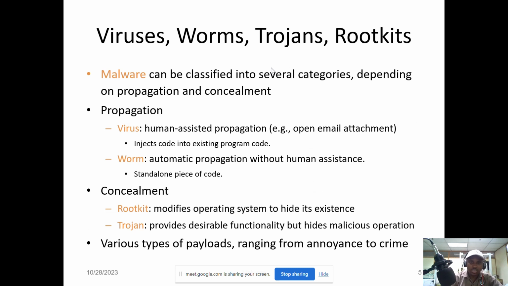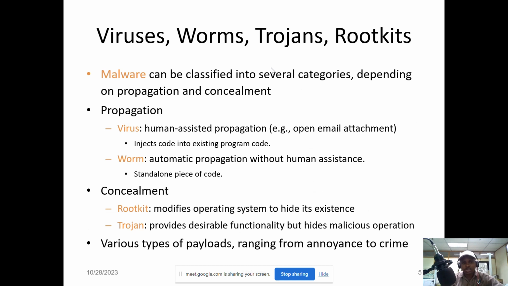You can open it, and then you've actually helped that virus get into your machine. Maybe you've actually spread it from one device to another through that. Then if it is a worm, there's automatic propagation without human assistance. So a standalone piece of code. Then on the payload end, you can look at the rootkit, which modifies the operating system to hide its existence. I'm going to look at this later on, one by one.